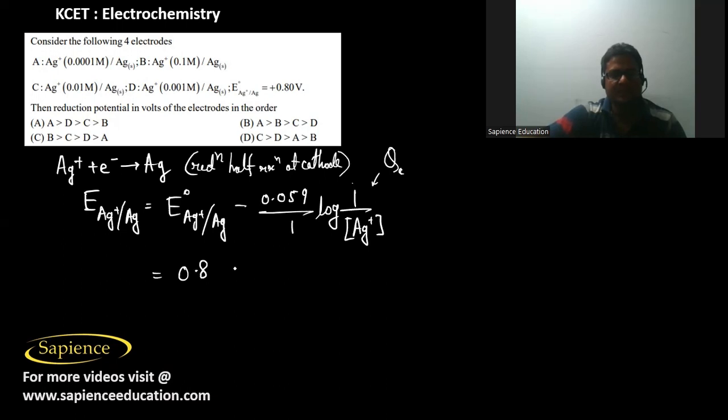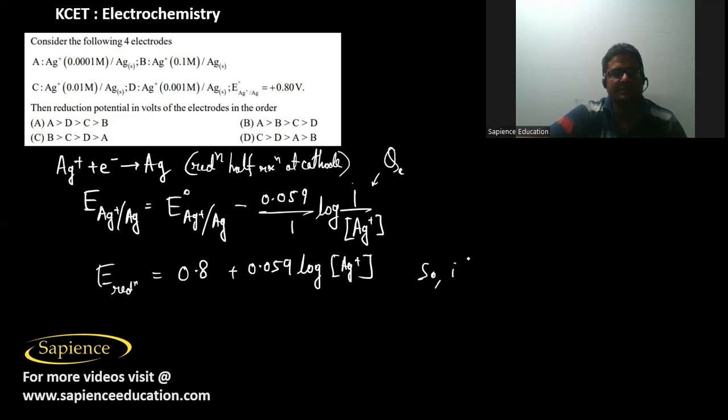So I can write 0.8 plus 0.059 log of concentration of Ag plus. So therefore the reduction potential is equal to 0.8 plus 0.059 log of concentration of Ag plus.